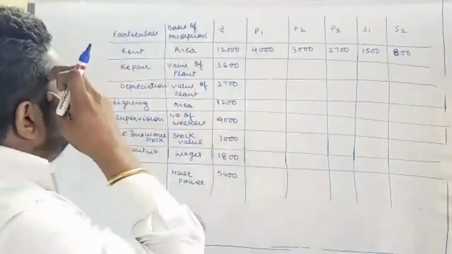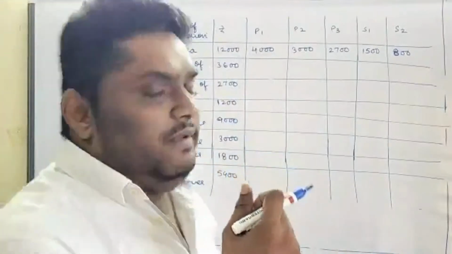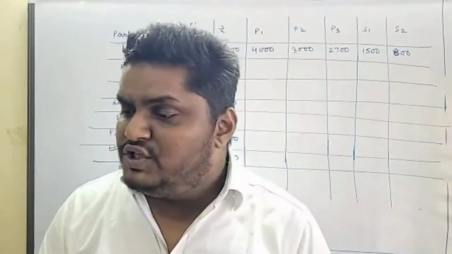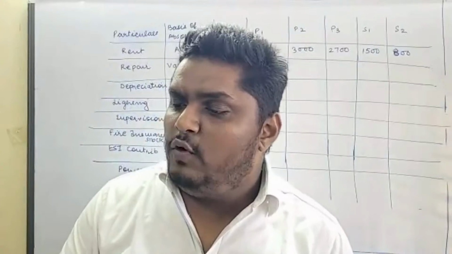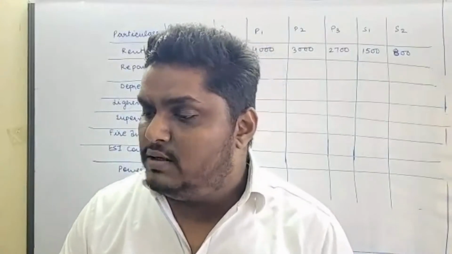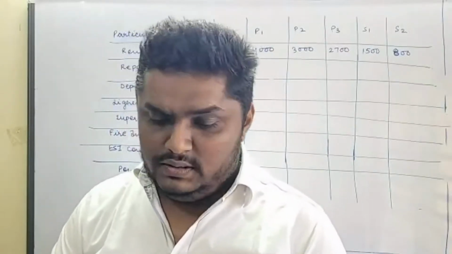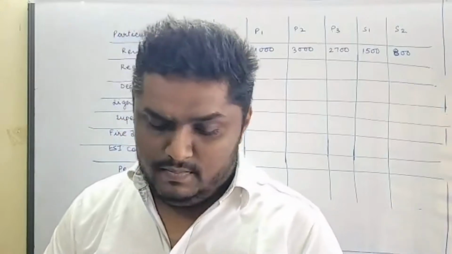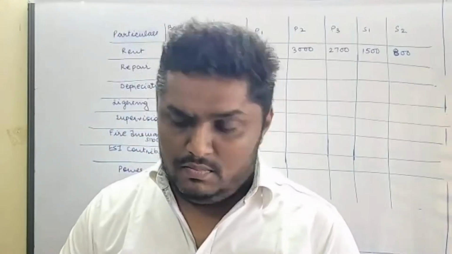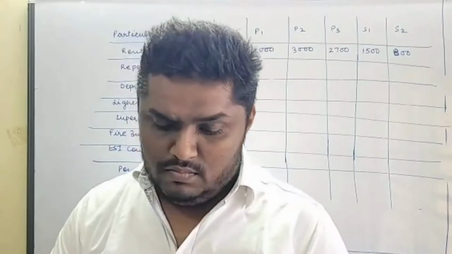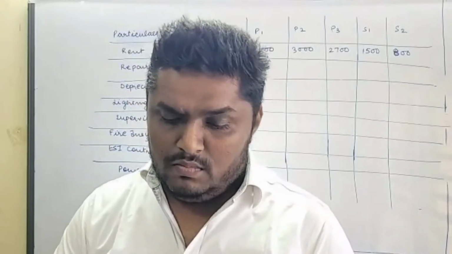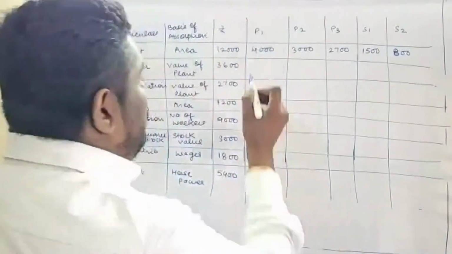When talking about the repairs, that is the value of plant. The value of plant is given in the question, that is 72,000, 54,000 and 48,000 and 6,000. So 72 plus 54 plus 48 plus 6. So again, this will be 1440.